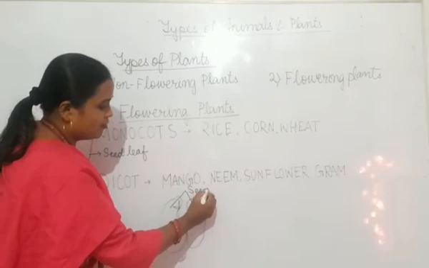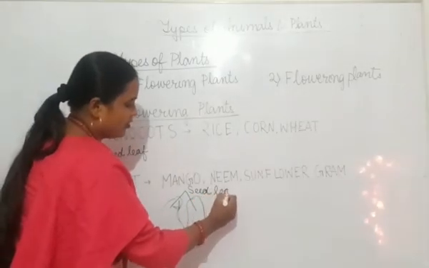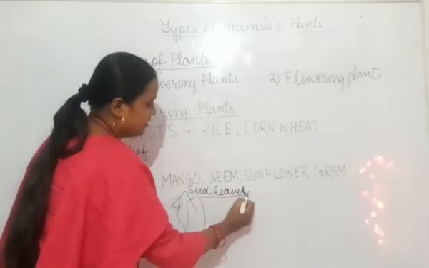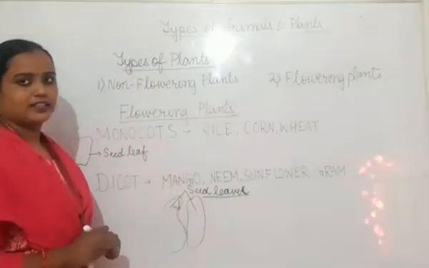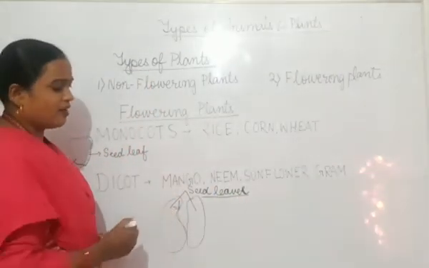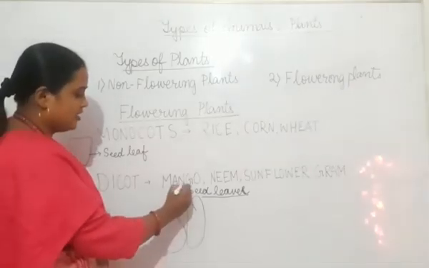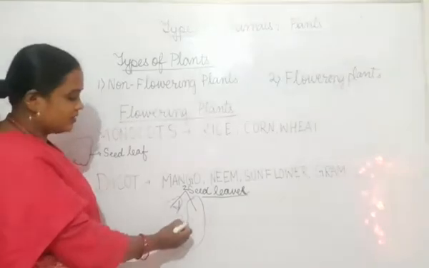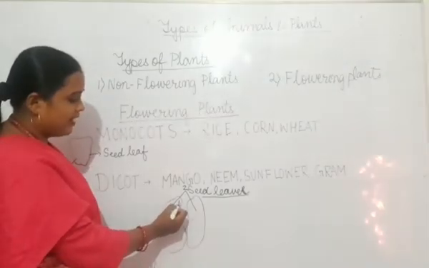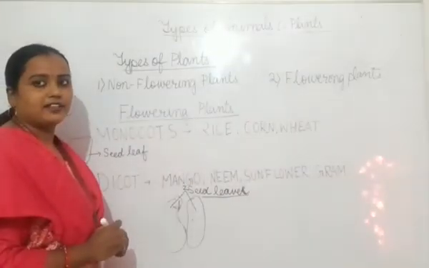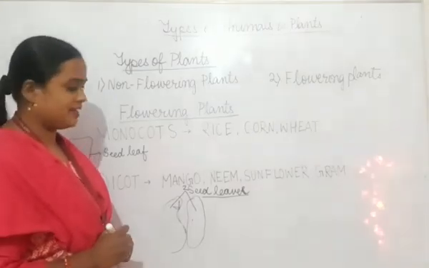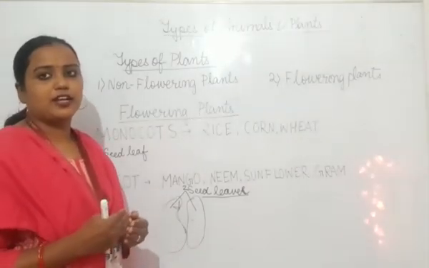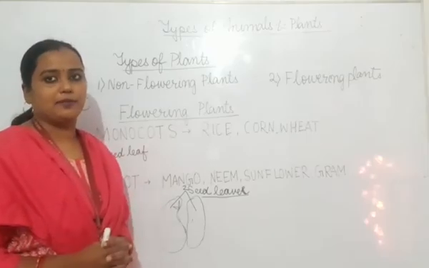These seed leaves are also called cotyledons. So the dicotyledons have two seed leaves, and in between these two seed leaves we have a baby plant hidden inside. And when this baby plant gets water, it gradually grows into a bigger plant.